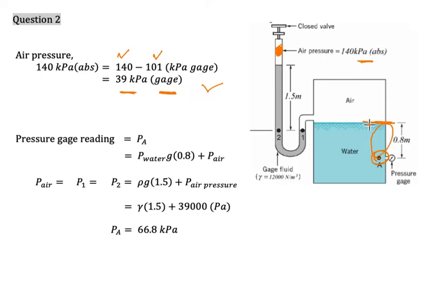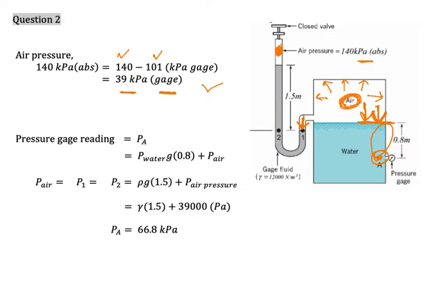And then from this level, the pressure from the air will push the surface here to give more pressure at point A. Because we have trapped air here, the pressure of the gas acts equally in all directions. So the pressure of air here will push point 1 with the same amount that it pushes the surface here.